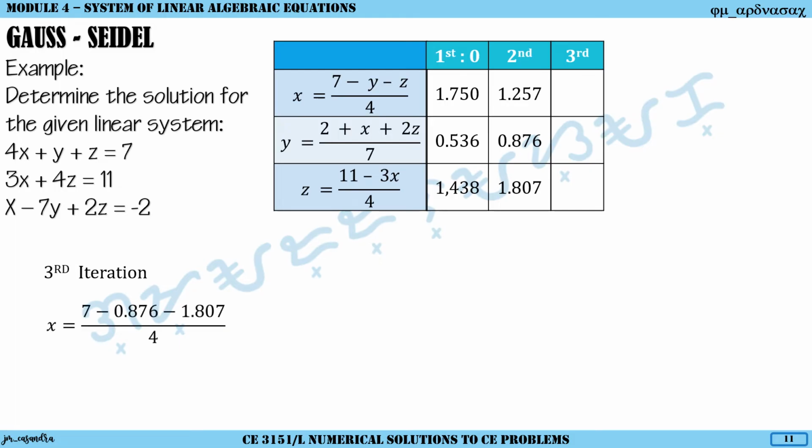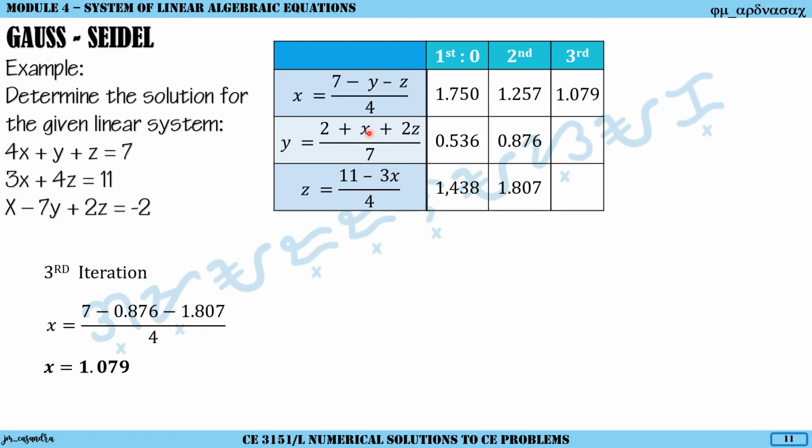So third iteration, that will now be 7 minus latest y, 0.876, latest z is 1.807. So we get now x equal to 1.079. So for y, we use the equation 2 plus x plus 2z.